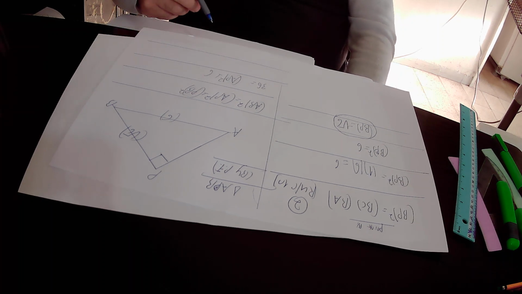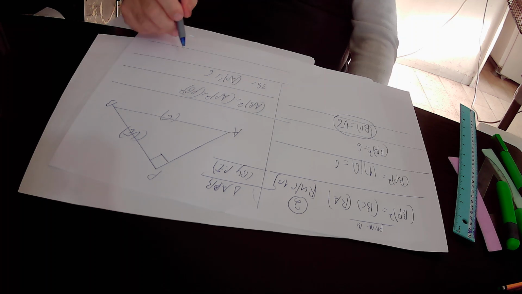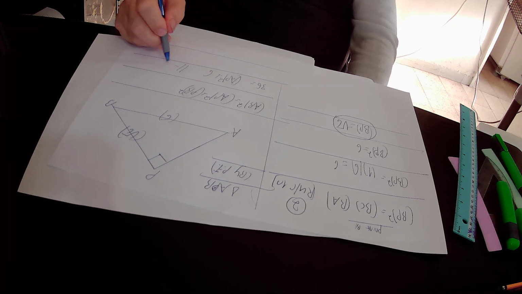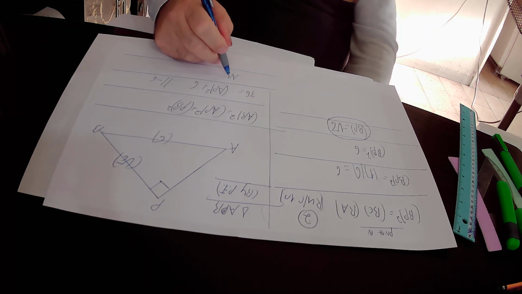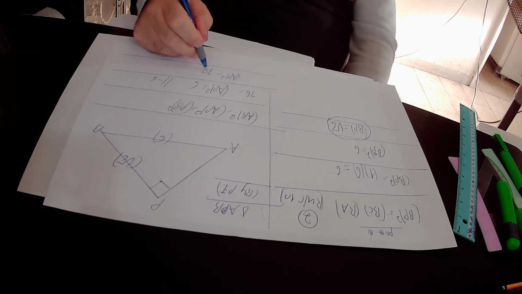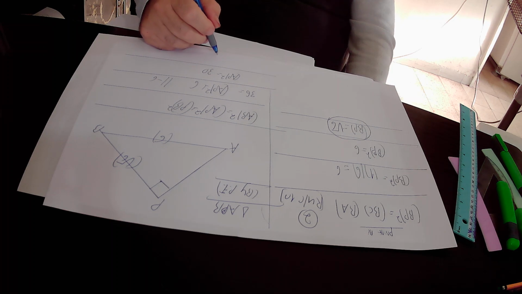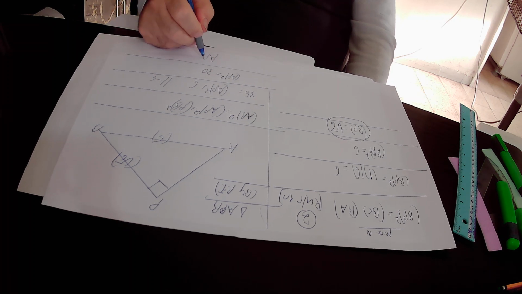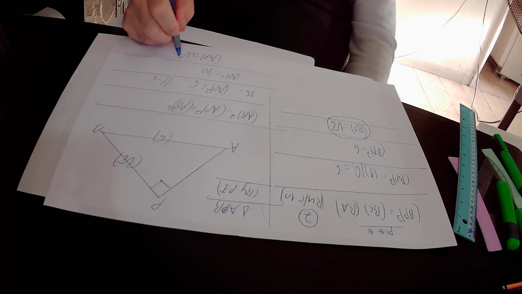So in conclusion, 36 equals AP squared plus 6. Here we subtract 6 from this equation, and finally we get that AP squared equals 36 minus 6, which is 30. Here we take the root of this equation, and finally we get that the missing side AP equals the square root of 30 units in its length.